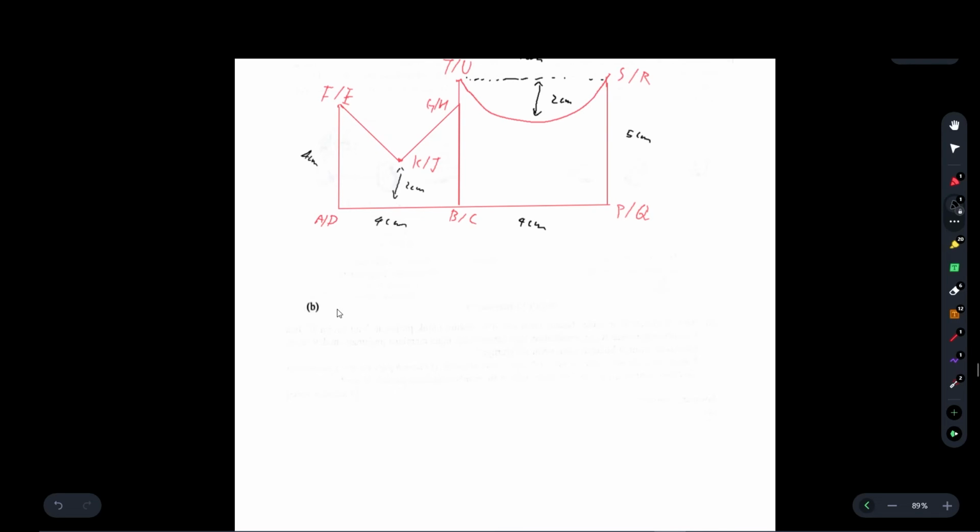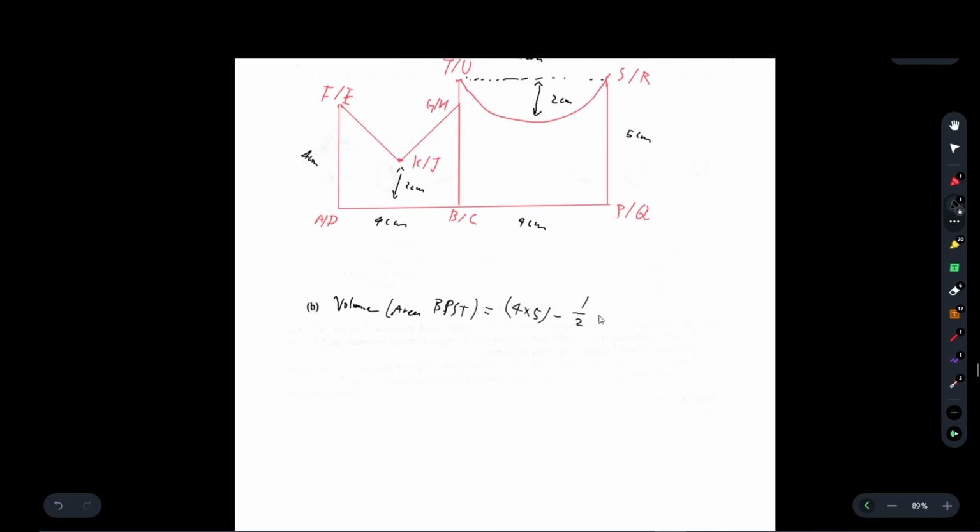So first of all, we're gonna calculate the volume of the area. Let's call this BPST. First, we calculate the area of the rectangle, which is 4 times 5, minus the area of the semicircle.